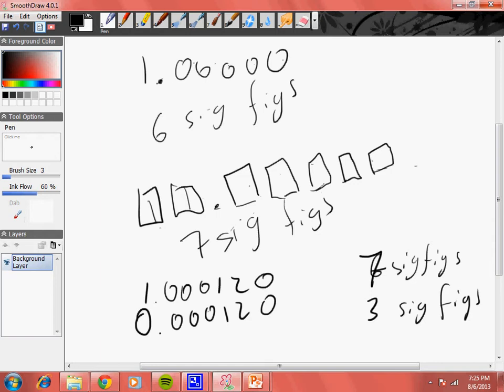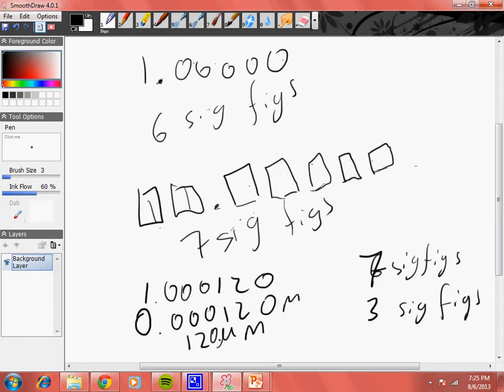The zeros at the front will never matter. These zeros that we have up here really don't matter. And that's because I can easily say, instead of 1, 2, 3, 4, 5, 6, I can easily say 12 micro on whatever I'm talking about here.